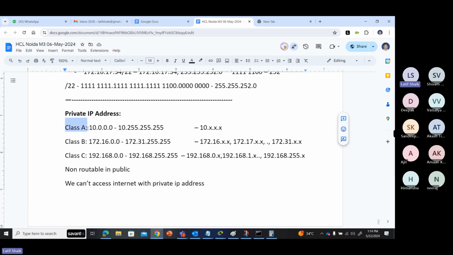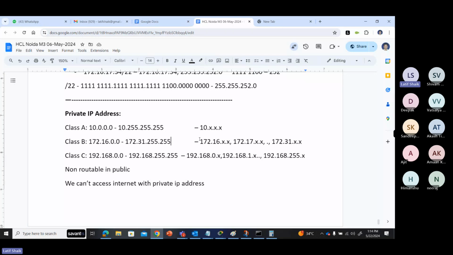What are these private IP addresses? From class A, there is only one single series, called the 10 series. So the 10 series is your private IP: 10.0.0.0 to 10.255.255.255, a single network. This is the only single network you get from class A. In class B, 172.16.0.0 to 172.31.255.255.